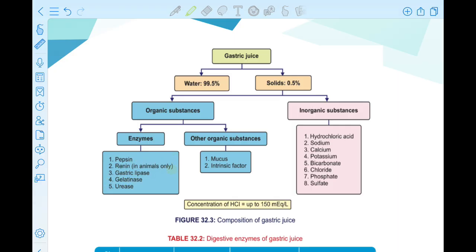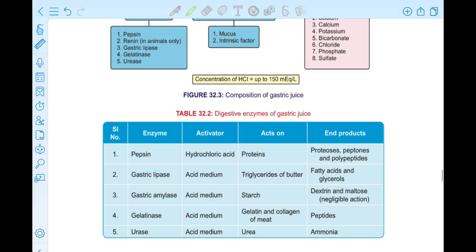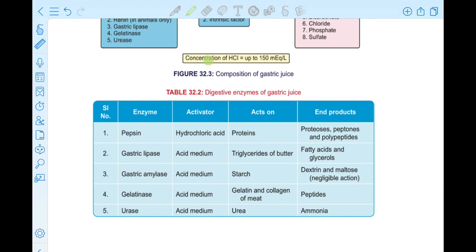Then gastric lipase, gelatinase, and urease. And then the other organic substances are mucus and intrinsic factor of Castle. Then the inorganic substances are the various elements like sodium, calcium, potassium, bicarbonate, phosphate, sulfate, and the acid that is hydrochloric acid. And the concentration of HCl is up to 150 milliequivalents per liter.